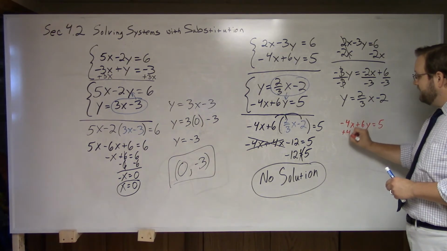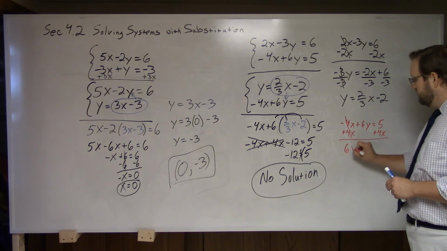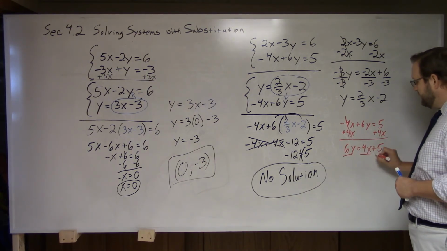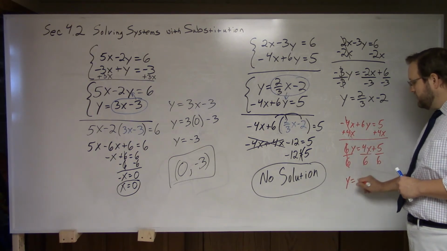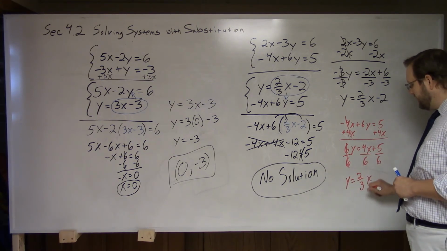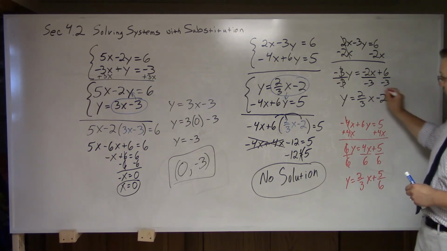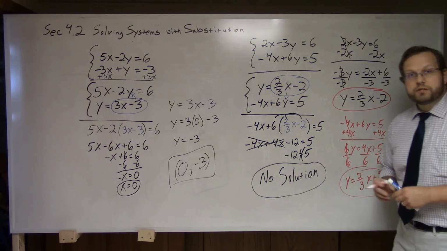I would add this over. And then divide by 6. So y equals 2/3 x plus 5 over 6.